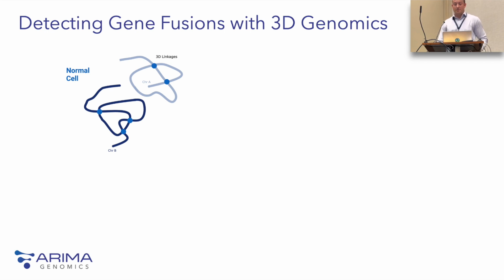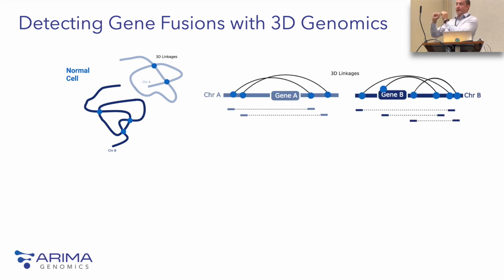If I project this as a linear representation, these blue dots over here on the left are those spatially proximal points that get ligated together during the sample prep. So here on chromosome A, these blue dots are 3D linkages within chromosome A, and over here on chromosome B, 3D linkages within chromosome B. So this is in a healthy state.